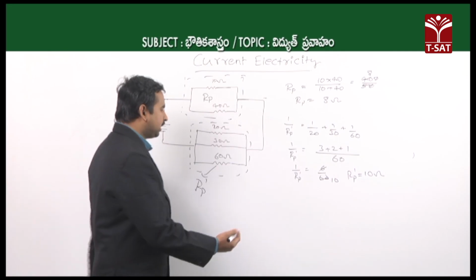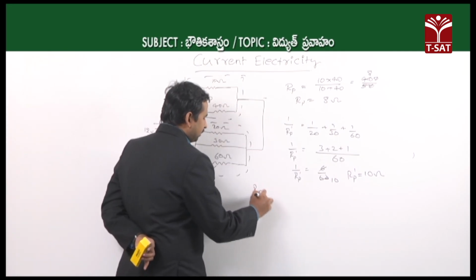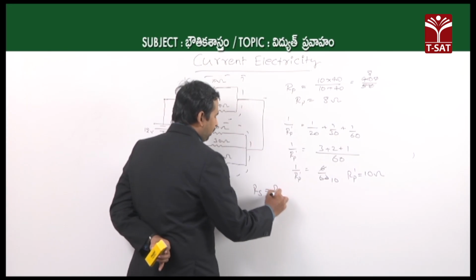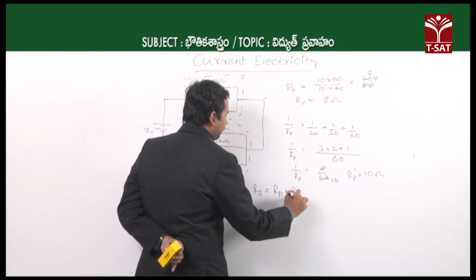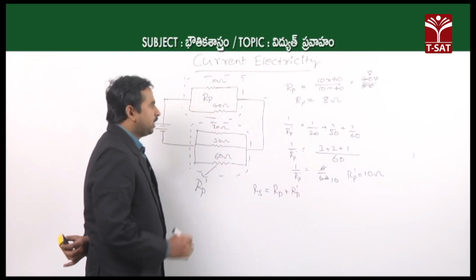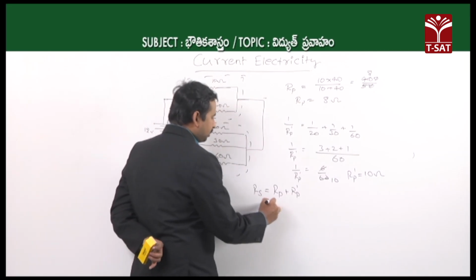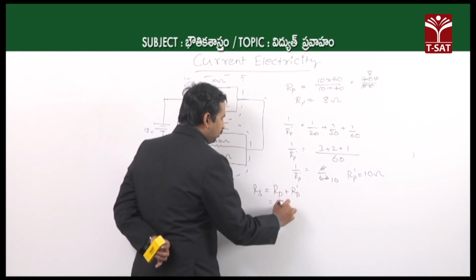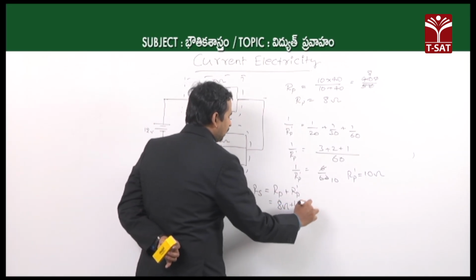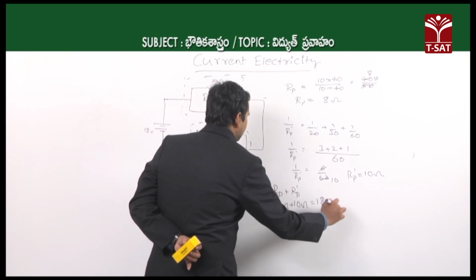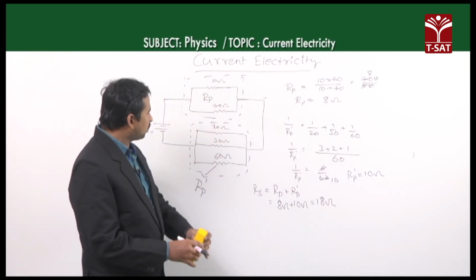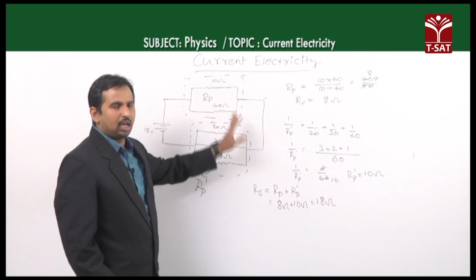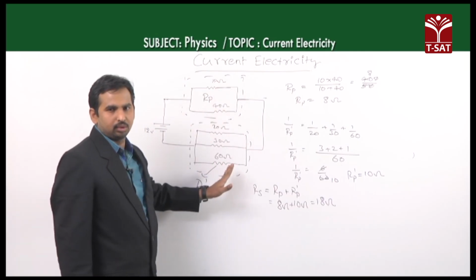Then when connected in series, Rs is equal to Rp plus Rp dash. The total resistance becomes 8 ohms plus 10 ohms, total 18 ohms. So this is the total resistance of this circuit.